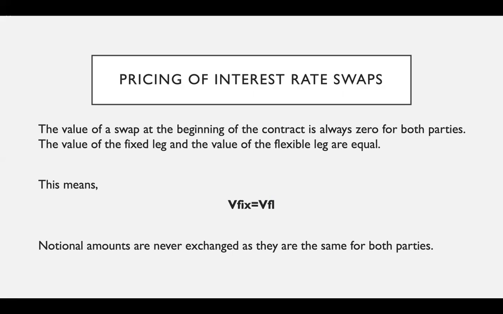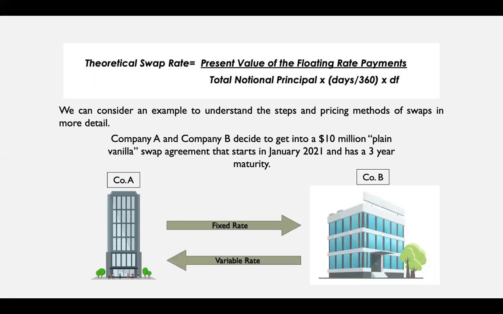So if the notional amount is say $10,000, then the value of the fixed leg would be say 5%, and the value of the floating leg would be set in such a way that it would also be equal to 5%. So the theoretical swap rate that we have to find out before we enter into such an agreement is the present value of the floating rate payments upon the total notional principal into the days into the discounting factor.